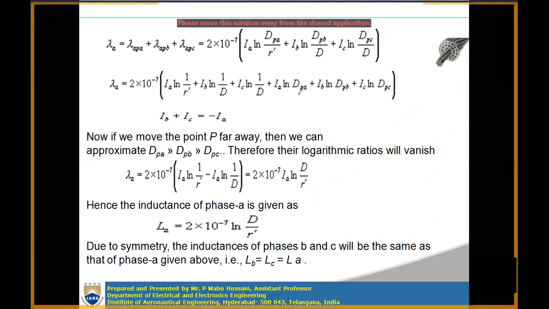So when dPA, dPB and dPC are all the same, what may happen here? You expand this expression.